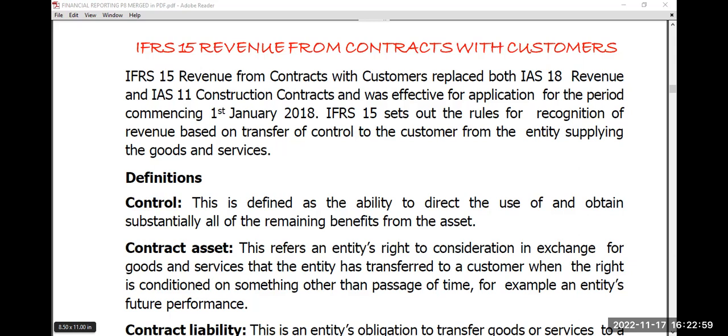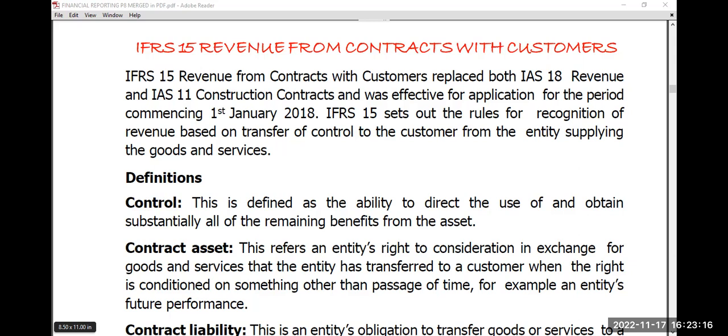So basically, this IFRS 15 combined those two standards, and it was effective commencing 1st January 2018. Remember, this is our second newest standard.